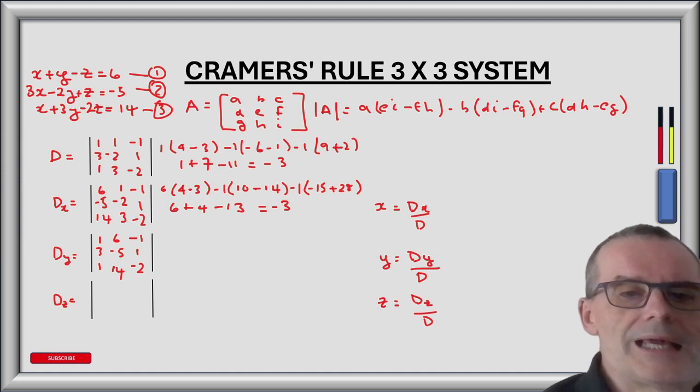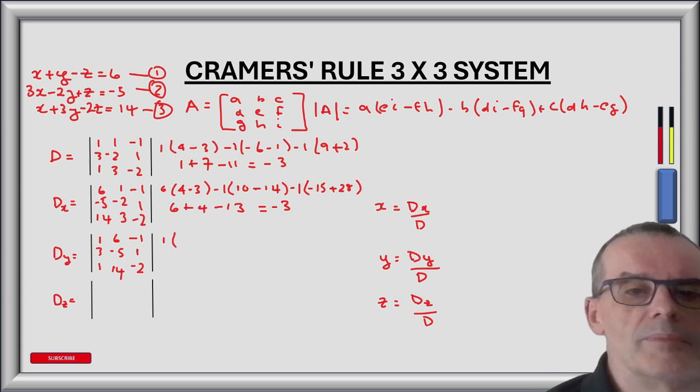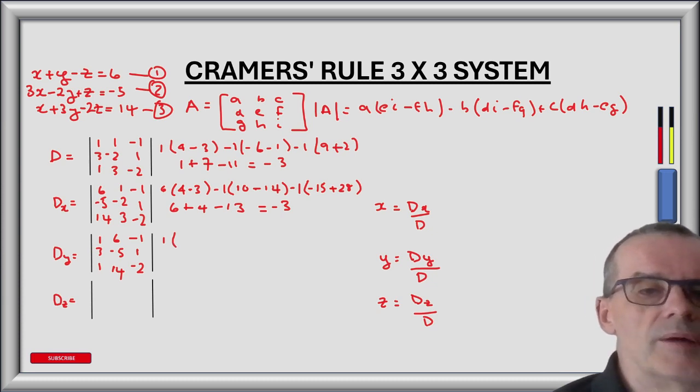So we calculate the determinant in the following way. So we have 1 multiplied by, so minus 5 times minus 2 is 10. And 1 times 14 is 14, so it's minus 14. And then we have minus 6 times 3 times minus 2 is minus 6.